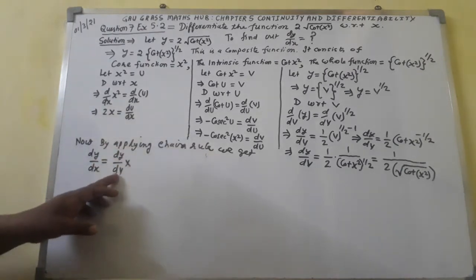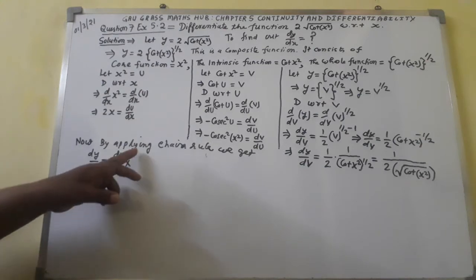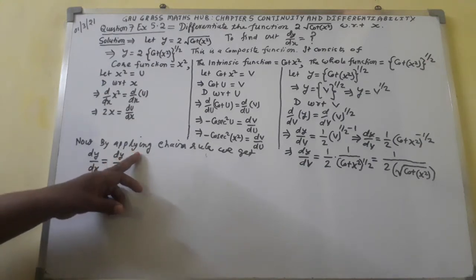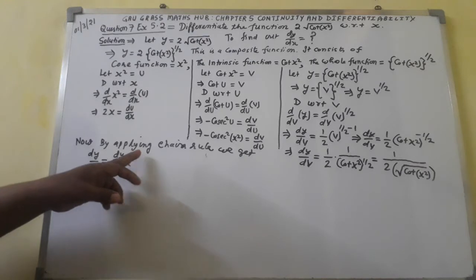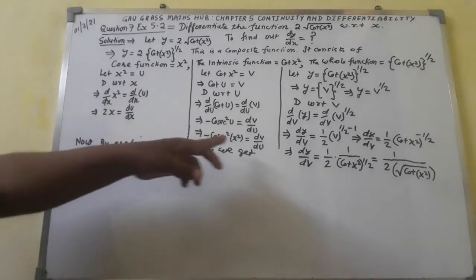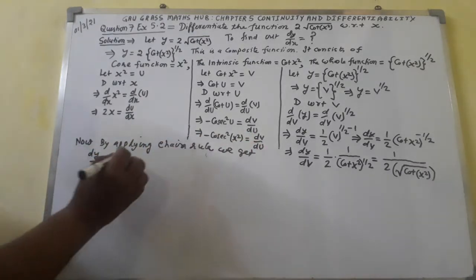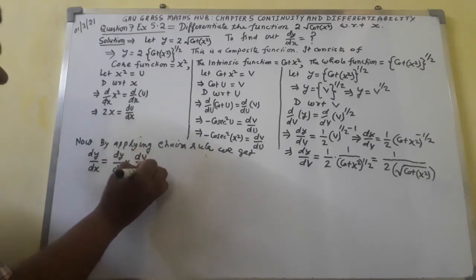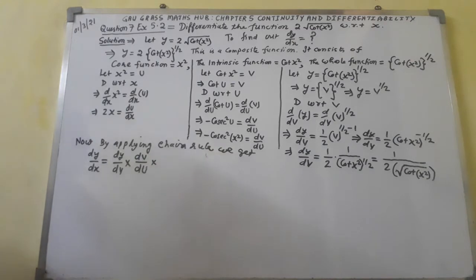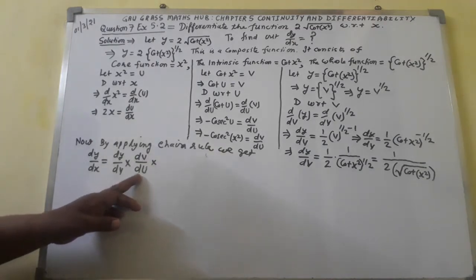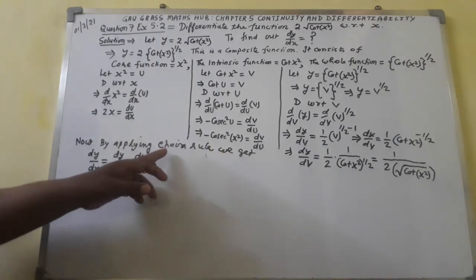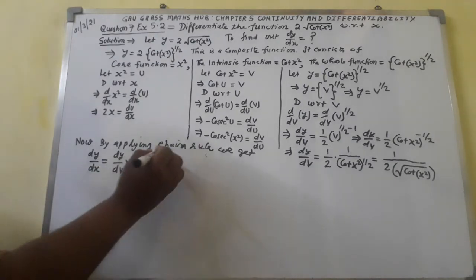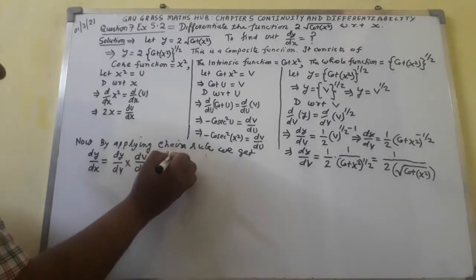Since dv is in the denominator, in the numerator dv must come, so I shall write dv over du. Into, in the denominator du is there, so in the numerator du should be there. So write du over dx.